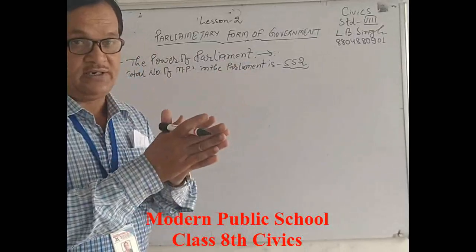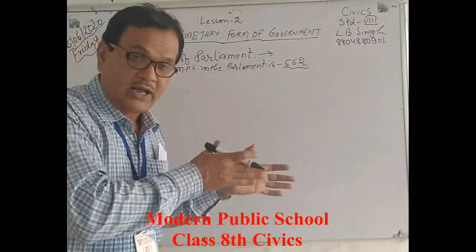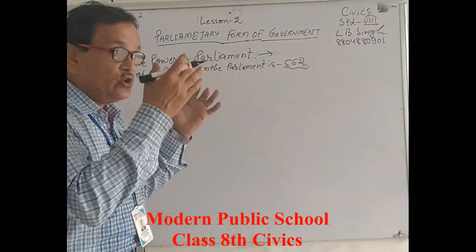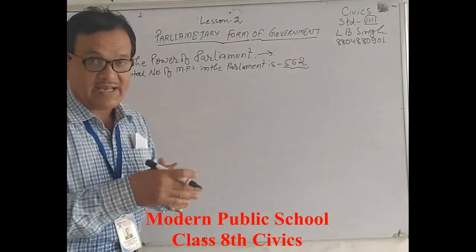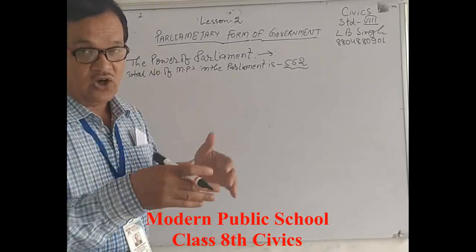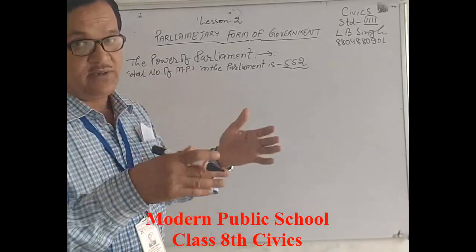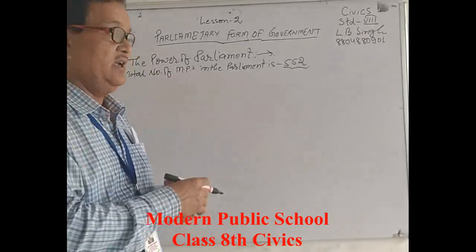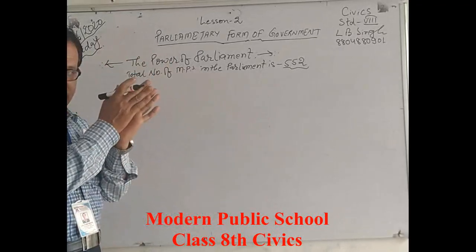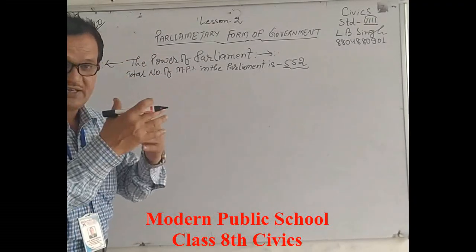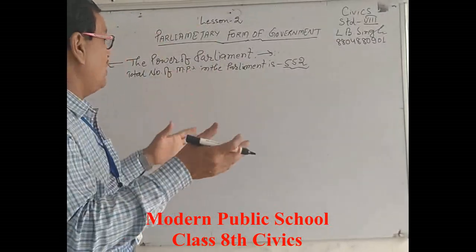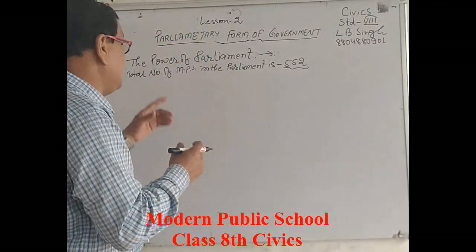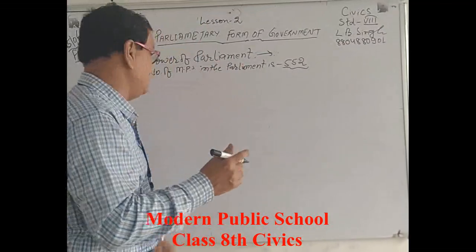Both together are called the parliament. And no single house can make the laws or bills for the people of the country. Both the houses are responsible together to make the rules and regulations for the country. So we have to study the power of parliament.